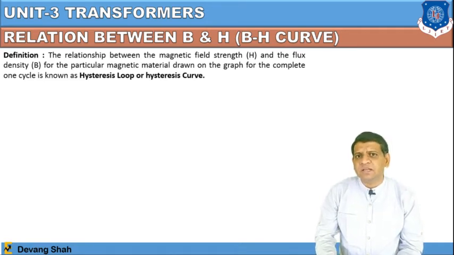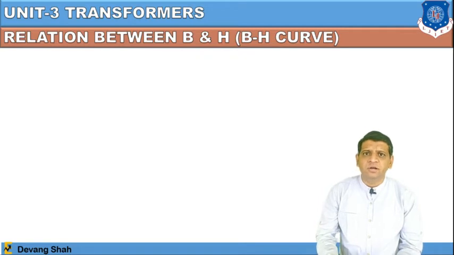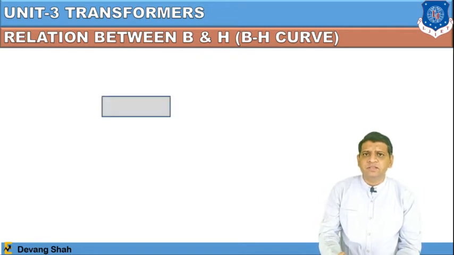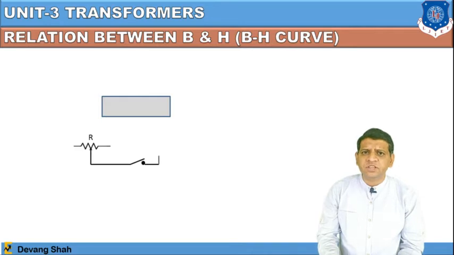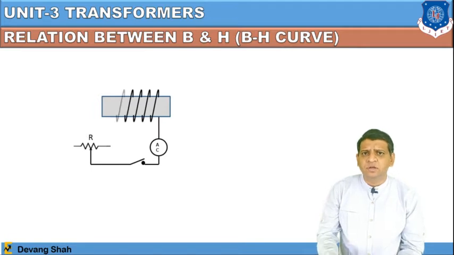Now let us describe this terminology in terms of the animation. You can see this is a kind of ferromagnetic material, and we have applied the AC signal in series with the resistance. Here the coil is wound over it, and this becomes a perfect magnetic material where our job is to apply the AC signal.